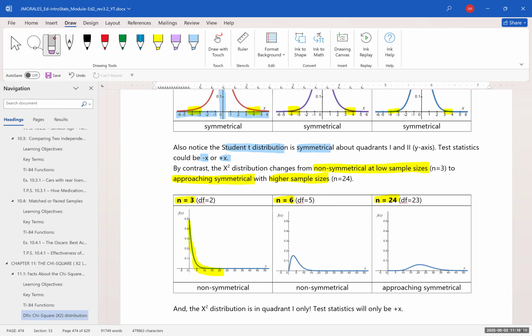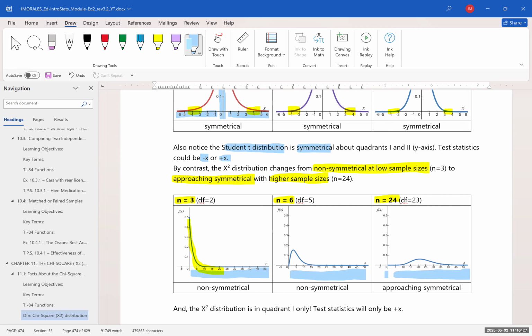But the thing to highlight here is that the chi-squared distribution only has positive values. You can see here's 0, and it only has positive values. All right. So, of course, in contrast to the student's t, which had positive and negative.